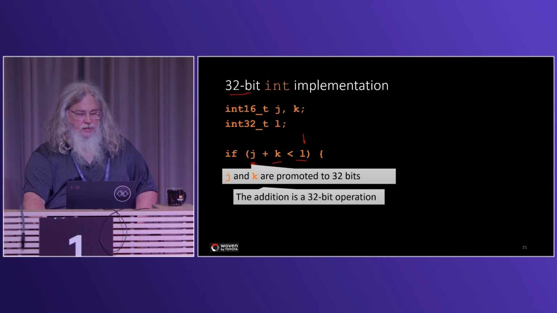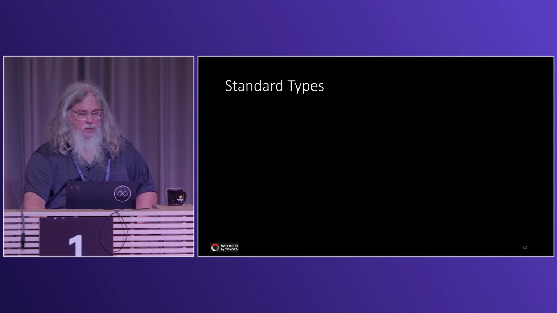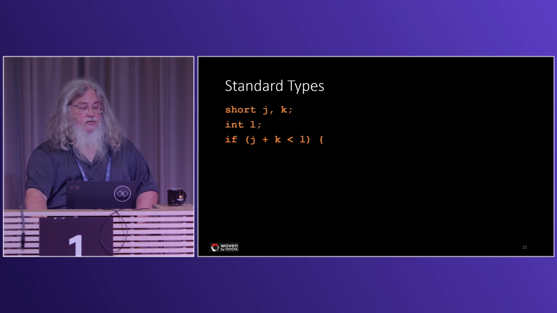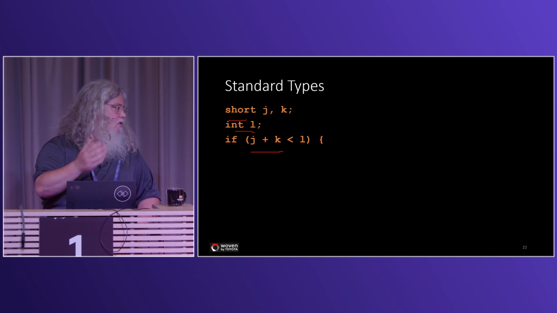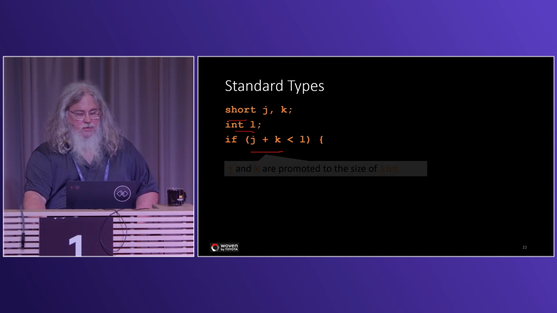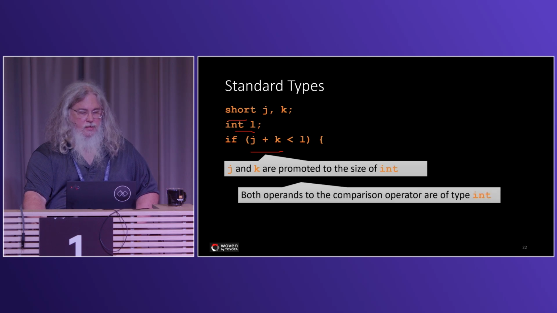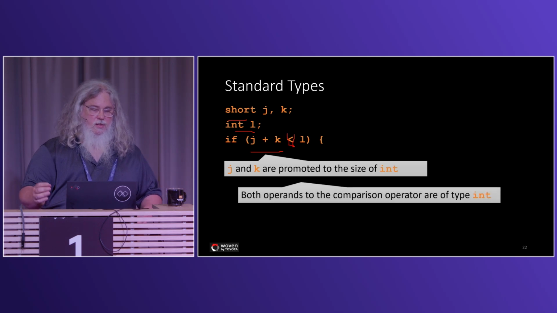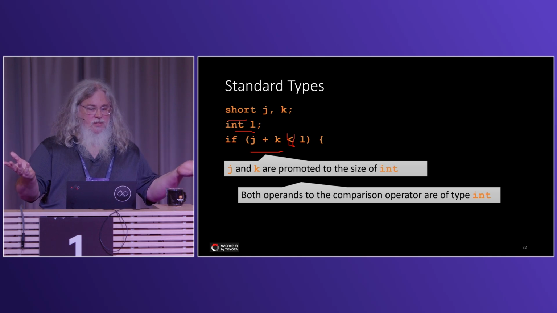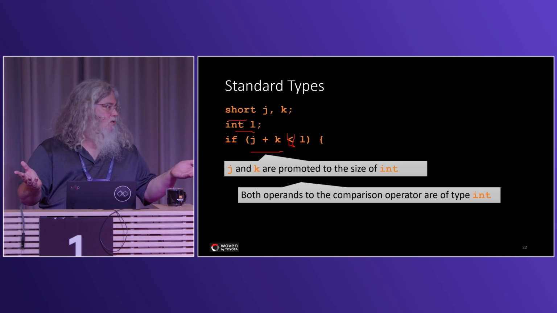So if I were to write this in violation of the MISRA standard and just use the standard types, so here I have short and the int l, you know that short is going to be promoted to int, right? It's quite clear on any architecture it's going to be promoted, even if it has the same representation. So j and k are promoted to the size of int, and this comparison, the type of the objects on either side of this comparison are always the same, right?